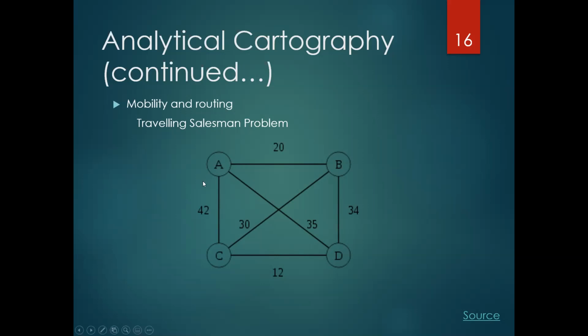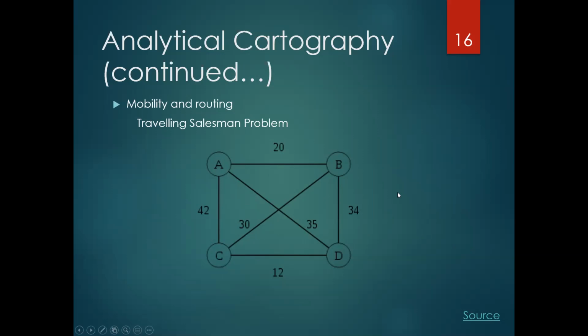For example, I have a very simple case here. Assuming that this salesman is living at city A, he is going to travel to city B, D, C, in any order. But anyway, he will travel all the cities and get back to A. And the numbers here represent the distance between two cities.